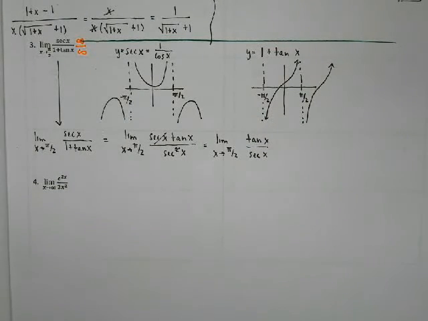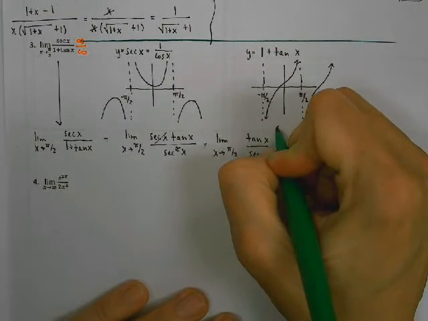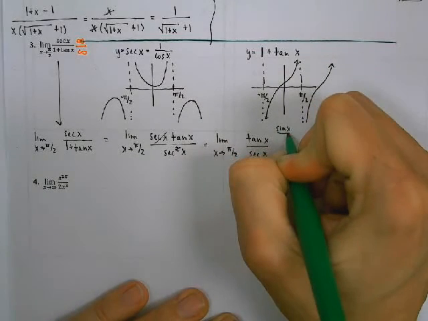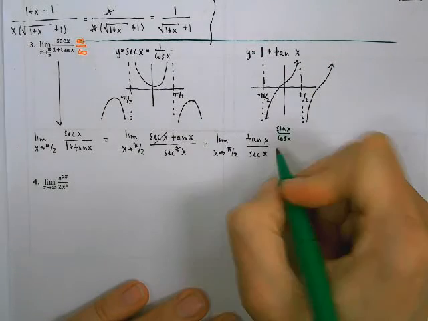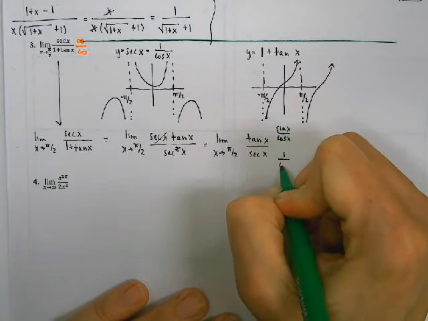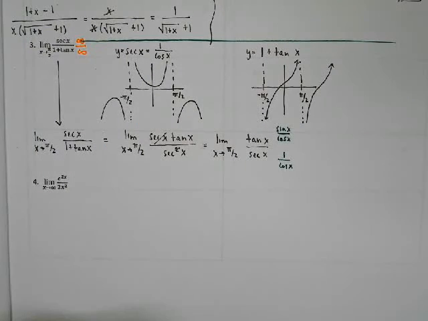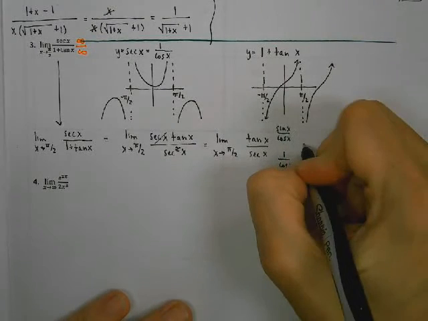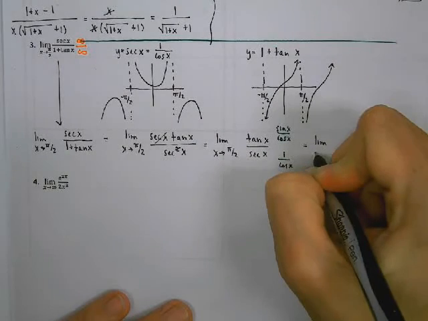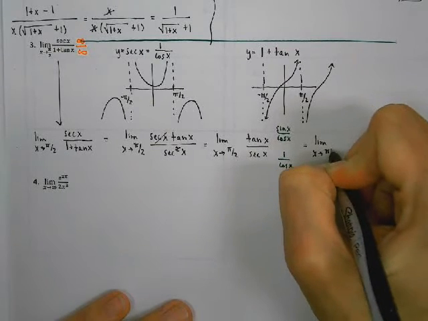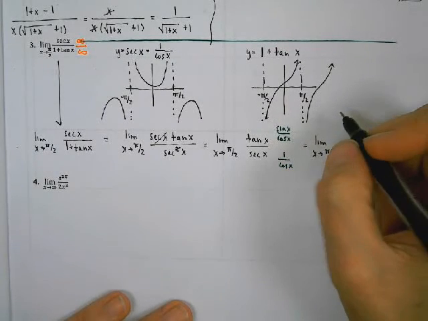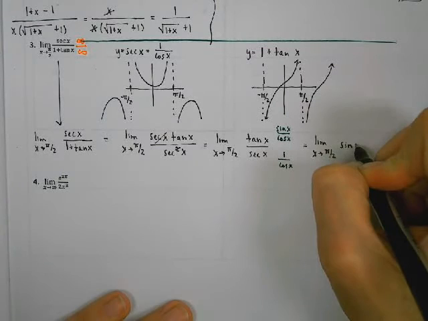Now, tangent I know is sine over cosine, and secant of x is 1 over cosine of x. So if I multiply the top and bottom by cosine of x, this simplifies to the limit as x approaches pi over 2 of sine of x.